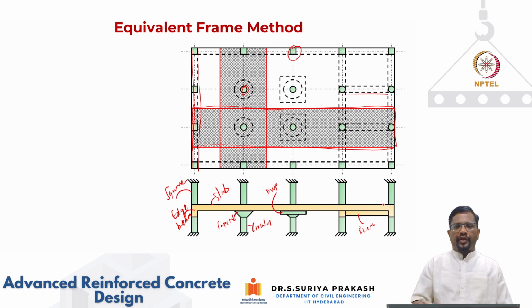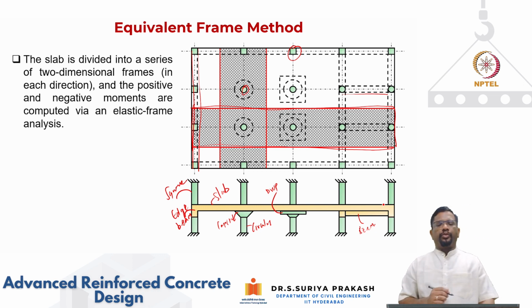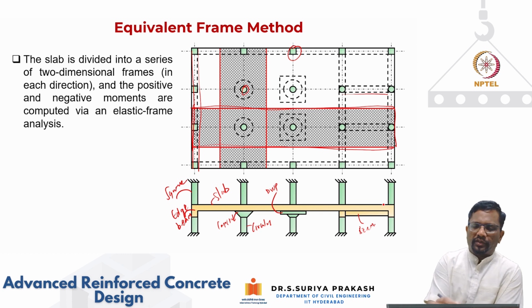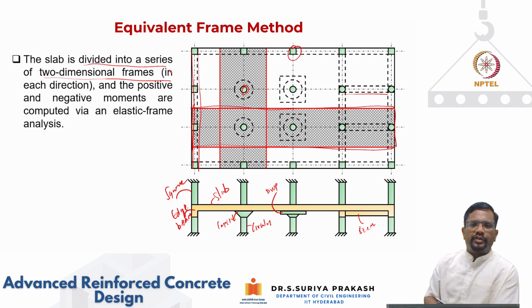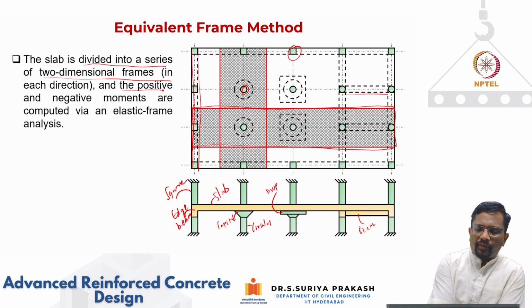So you need to create your equivalent frame and do structural analysis using the moment distribution method, which is a very popular method. In this approach, just like in direct design method, the slab is divided into a series of two-dimensional frames in each direction, north-south and east-west. We are going to calculate the positive and negative moments using elastic frame analysis.